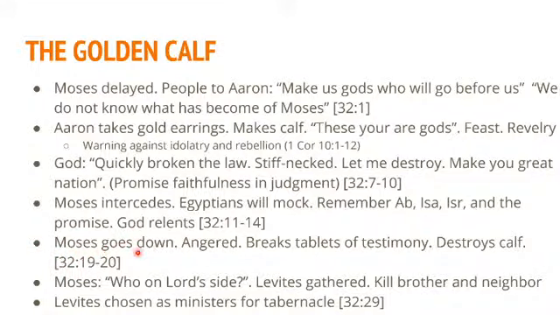So then Moses goes down from the mountain, and he is very angry, obviously, that these people had broken the covenant with the Lord, which they had just made.